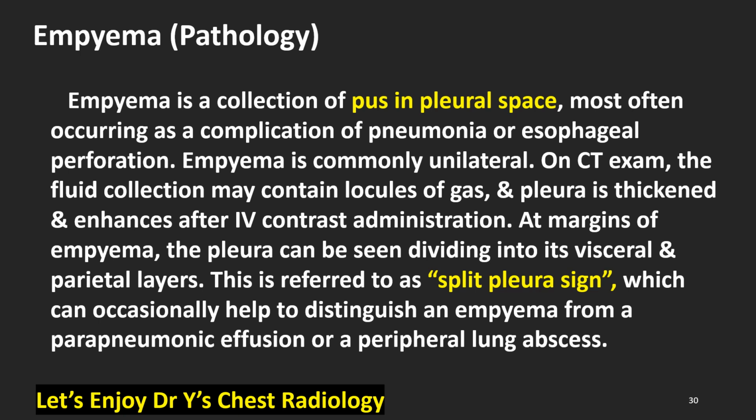At margins of empyema, the pleura can be seen dividing into its visceral and parietal layers. This is referred to as the split pleura sign, which can occasionally help to distinguish an empyema from a parapneumonic effusion or a peripheral lung abscess.